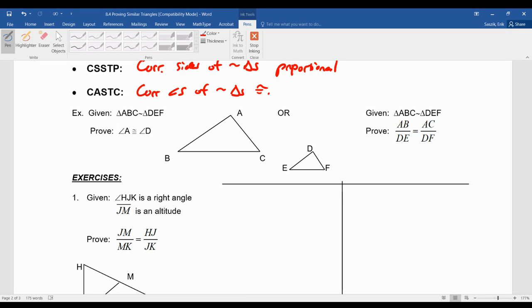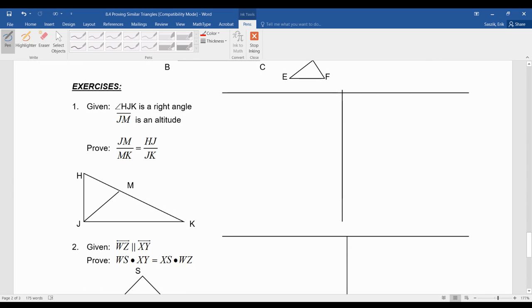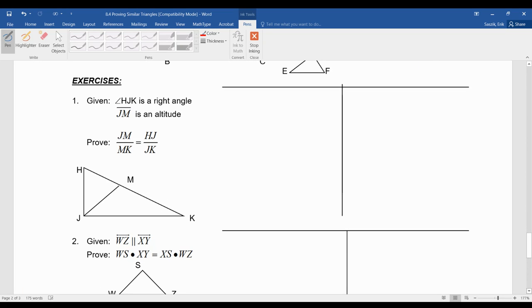Now, let's see, I'm going to do a couple of these. Let's look at this first one. So this is where I was saying earlier it can get more complicated, okay? You have multiple triangles here.